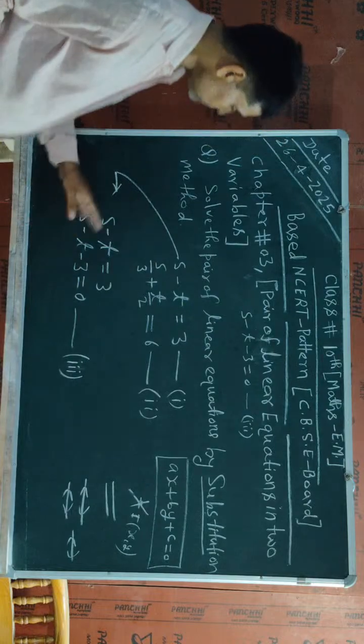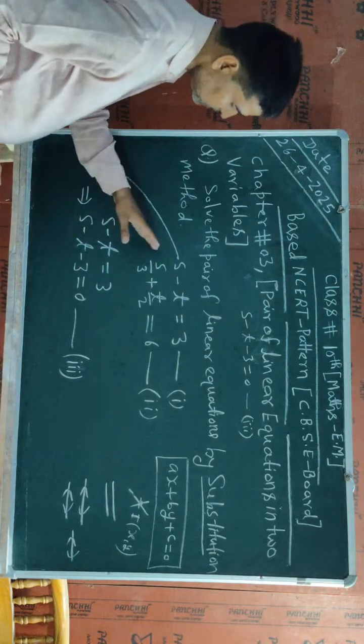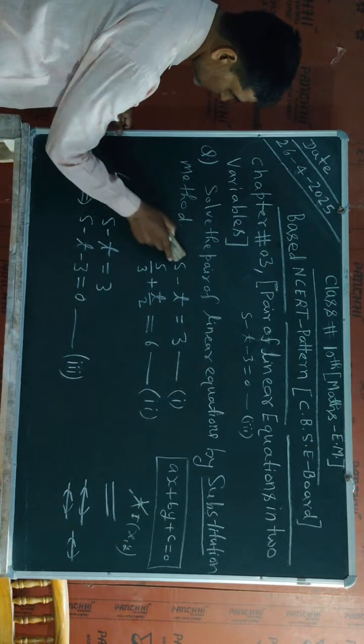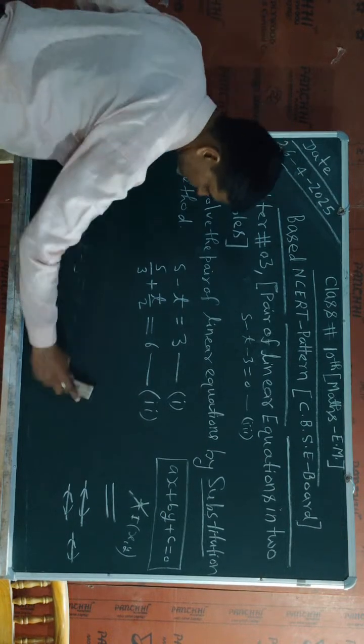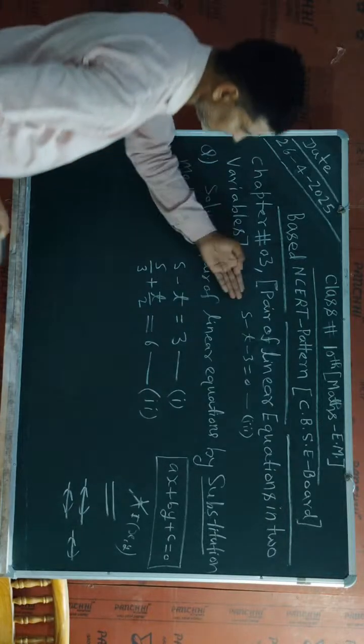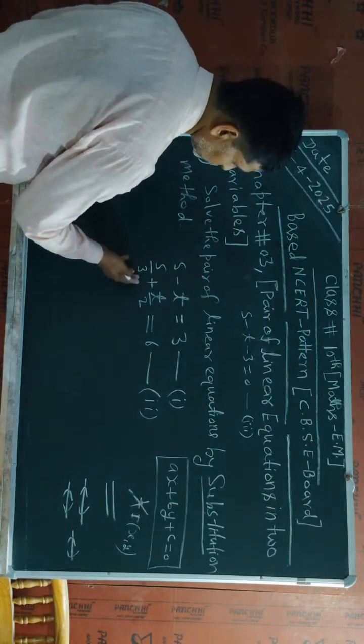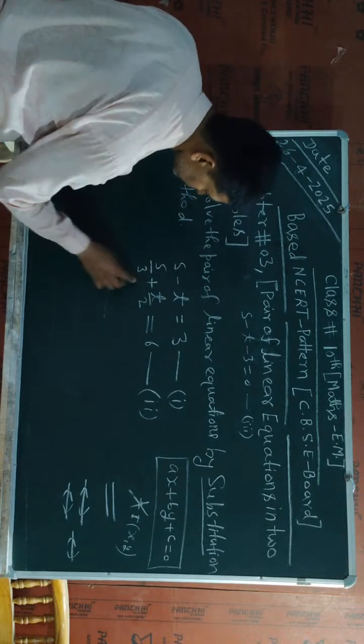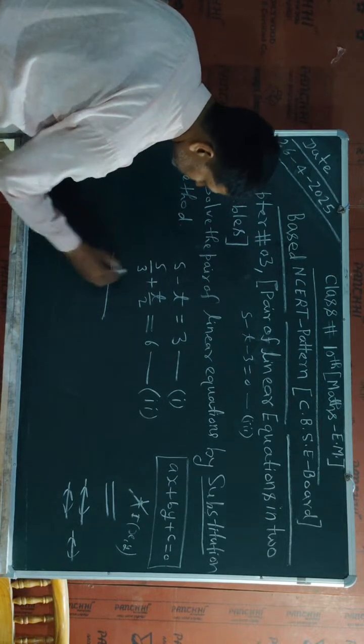So now I am going to erase this one for doing calculation. Okay, students. This equation I have already arranged and saved here. Now this equation I am going to arrange in standard form. So in this equation I will take the LCM of 2 and 3.